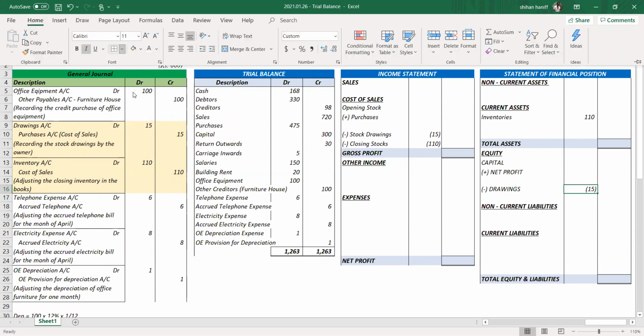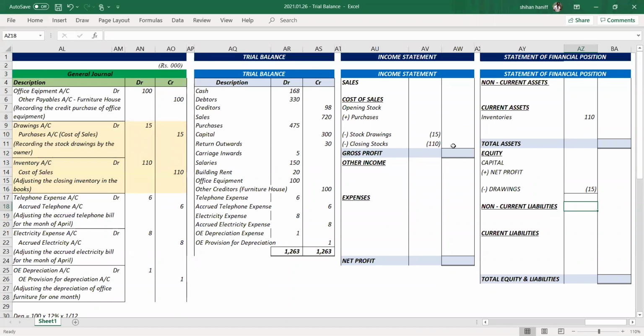So those are the two adjustments, right? Before we record the transactions, we have to do the adjustments. Remember, all the adjustments we have to record in two places, and the amounts in the trial balance we record in only one place.